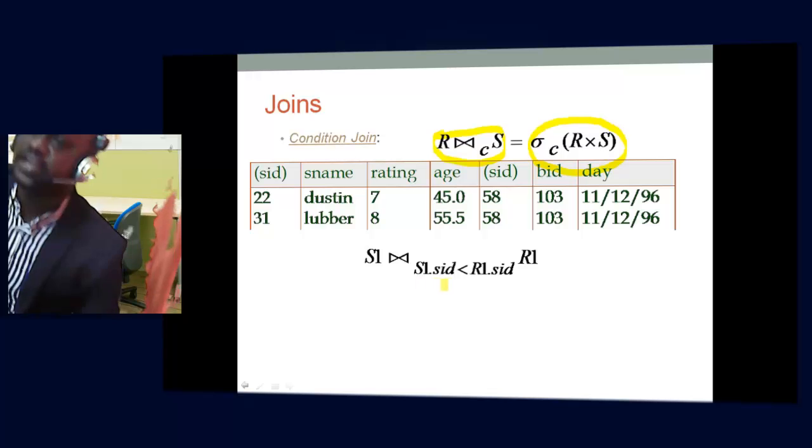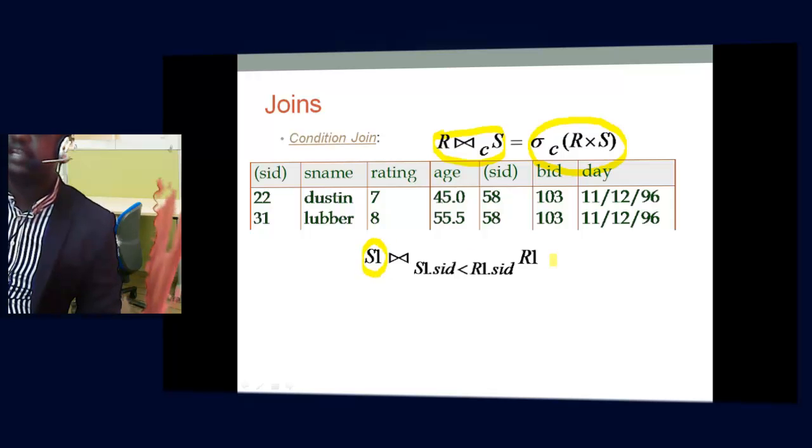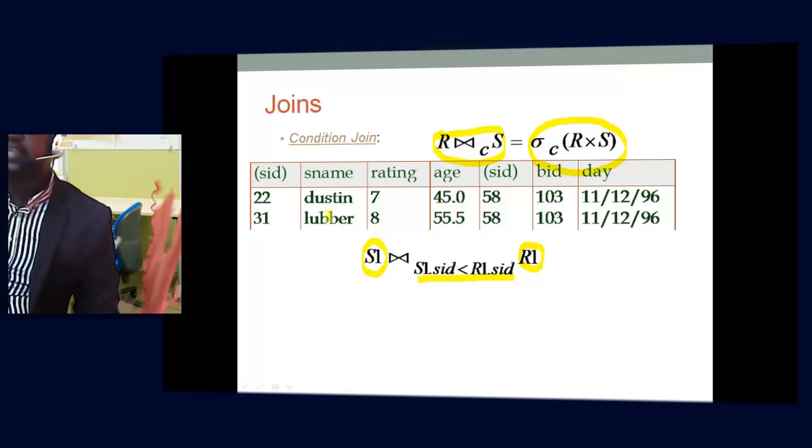What we are trying to say here is that you want to join S1 and R1, but we are only going to join based on the SID from S1 being less than the R1 SID.